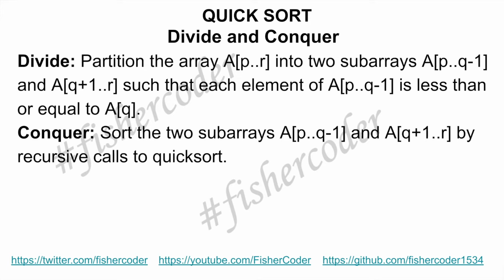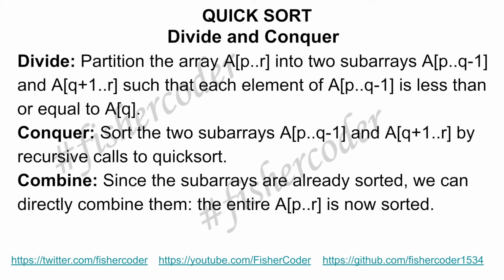After dividing the bigger array into smaller subarrays, we will sort the two subarrays, A from P to Q-1 and the second partition, Q+1 to R, by recursive calls to quicksort, the original method. This is where the recursion comes into play. That means we will divide the bigger problem into smaller subproblems until the subproblems are not divisible anymore. And then we're done.